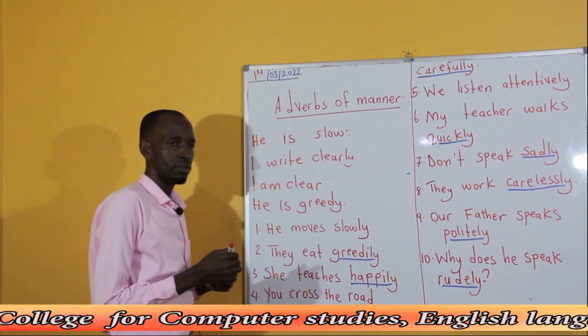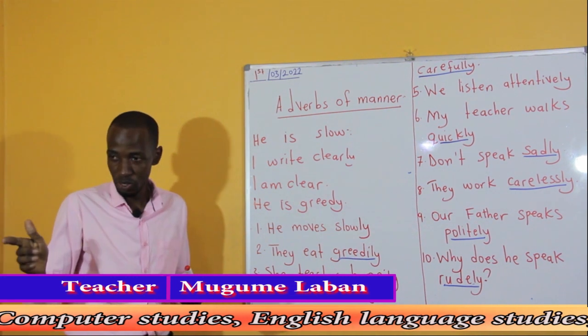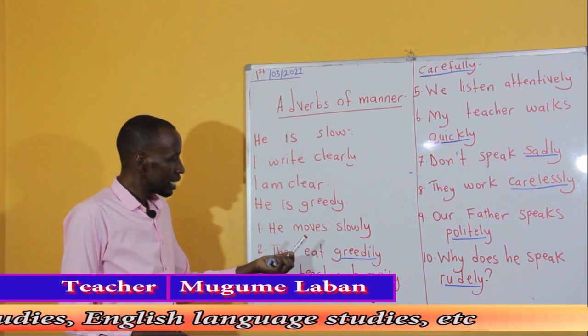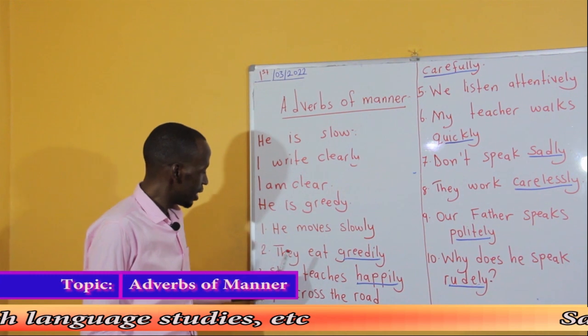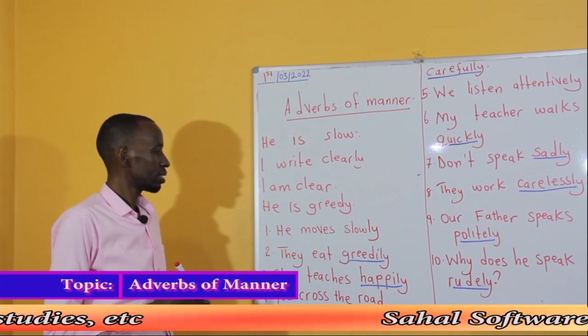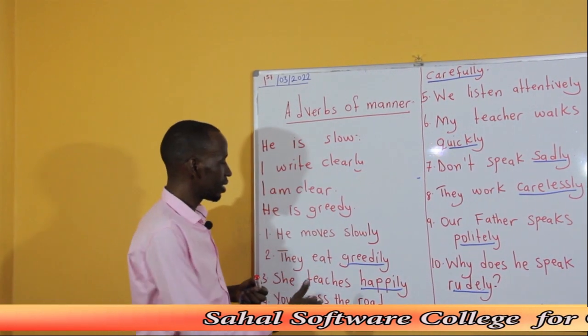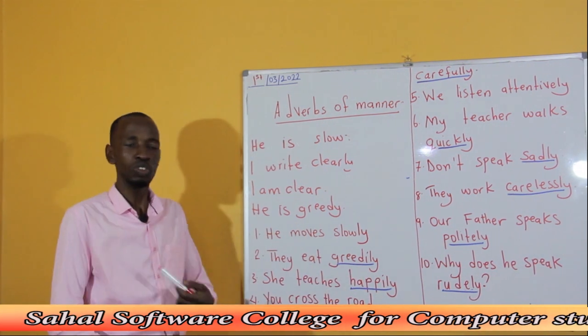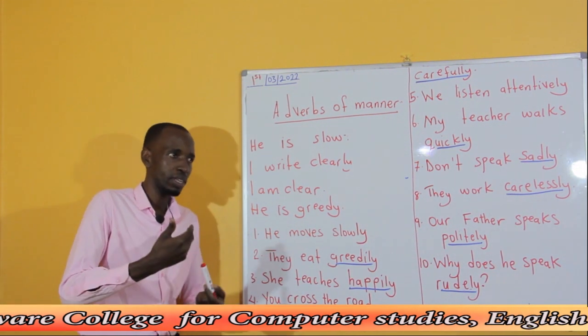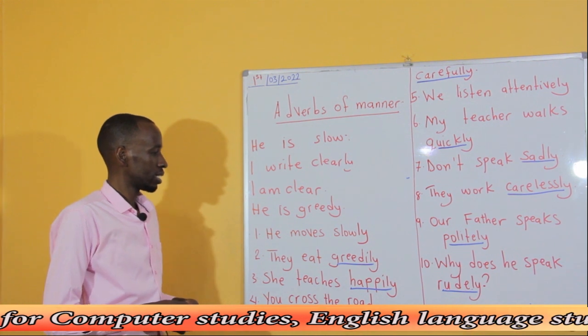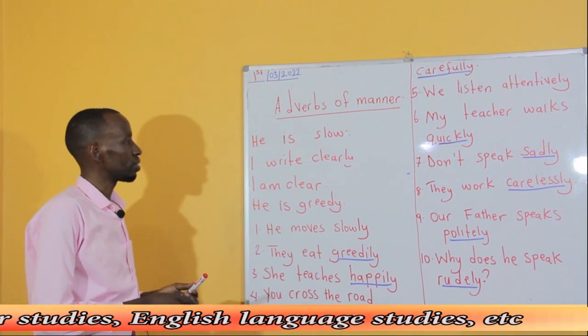You are so greedy. She is so greedy. But if I say, he eats, he works, then I can put greedily to show how he does that action. I think you are somehow getting what I'm saying.